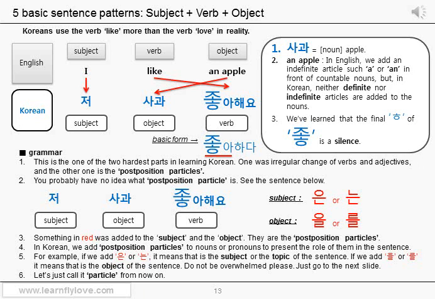Then, how does it change when it combines with the honorific suffix 요? Yes, 해요, 해요. So it becomes 좋아해요. The entire sentence is going to be 저 사과 좋아해요.